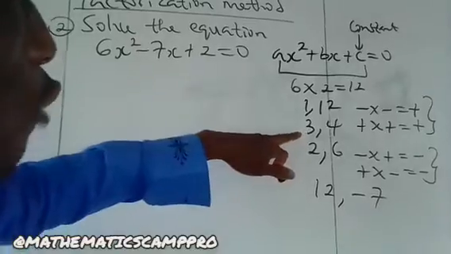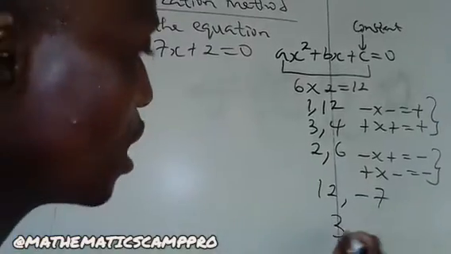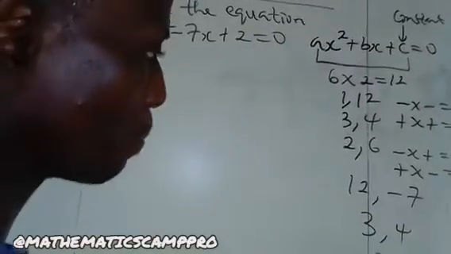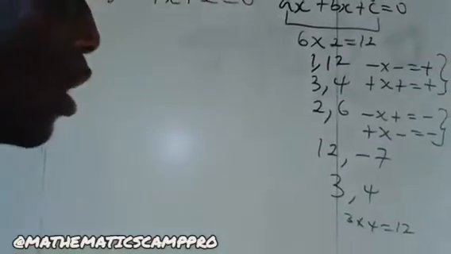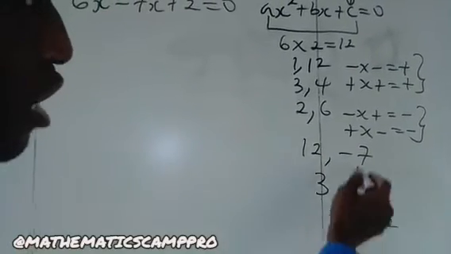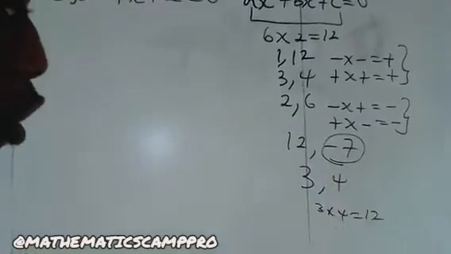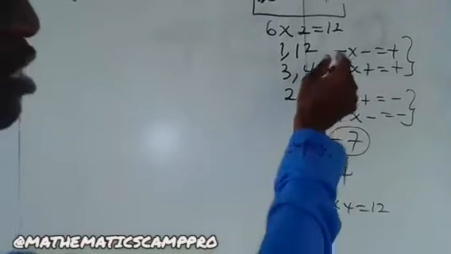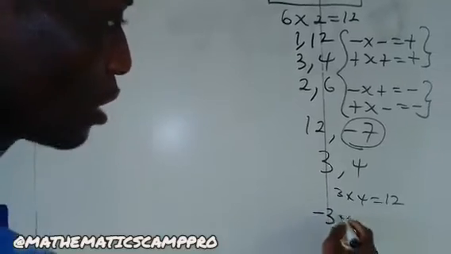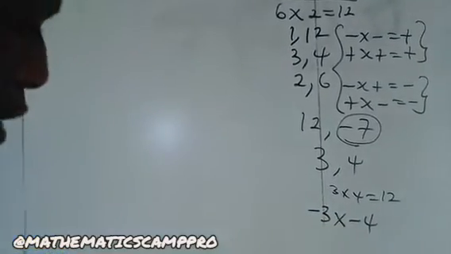Now, what are the factors of 12? That is 3, 4. If I say 3 times 4, it's going to give me 12. But is 3 minus 4 or 4 minus 3 going to give me minus 7? No. That is why I gave us this concept. It's going to be minus 3 times minus 4.